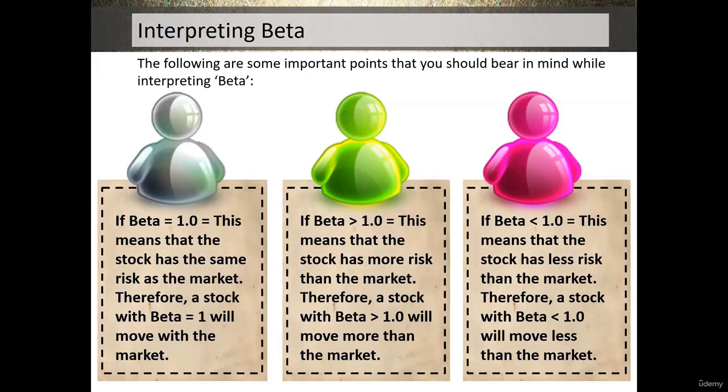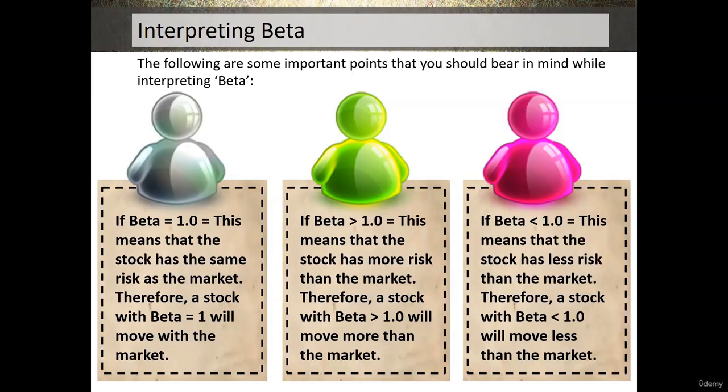Now, how will I get to know about the direction also? The negative sign and the plus sign will tell me the direction of the movement of that particular stock. So if the beta of my stock is minus 1.5, then I will say my stock is aggressive because it has a beta of greater than 1.